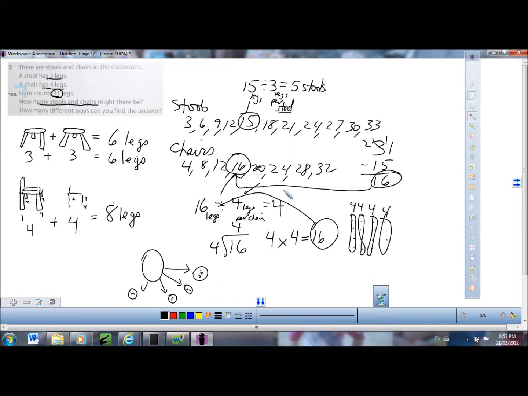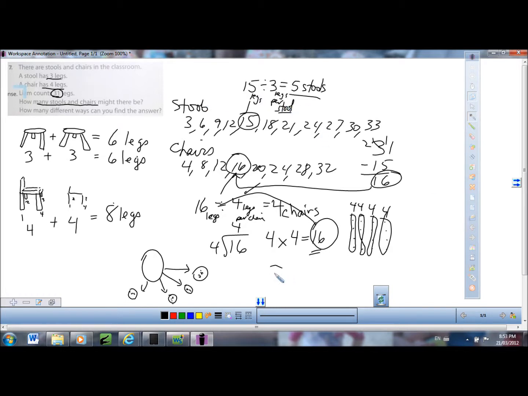And if that's the case, now we've proven that 16 legs from chairs would be created by 4 chairs. 4 chairs would equal 16 legs. And up here we've proven that 15 legs from the stools would equal 5 stools.